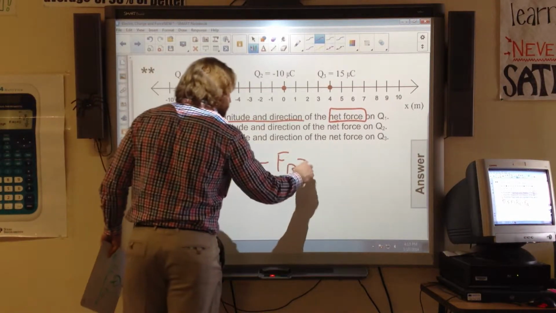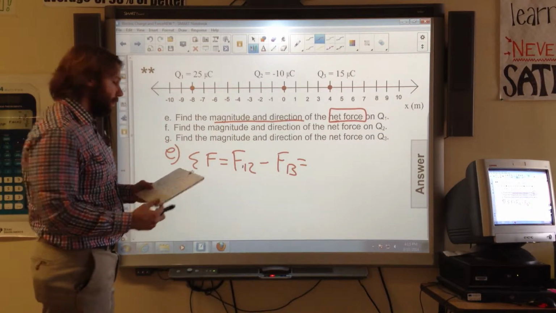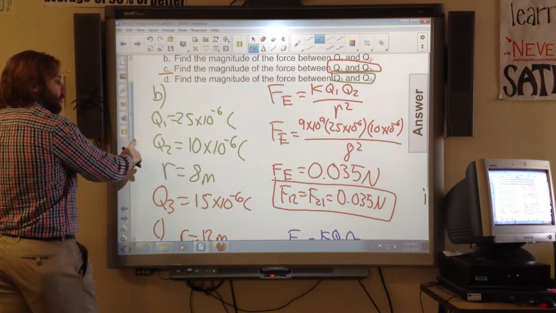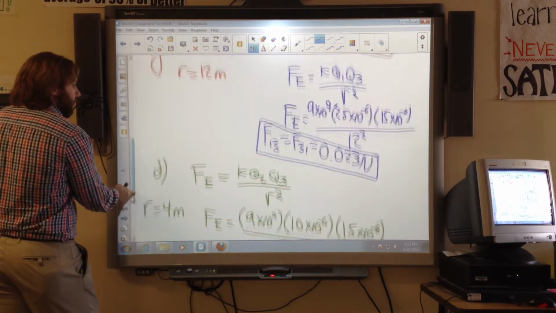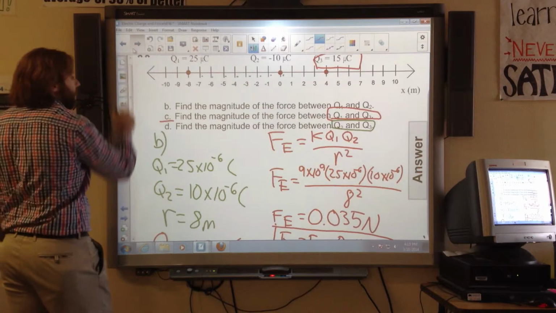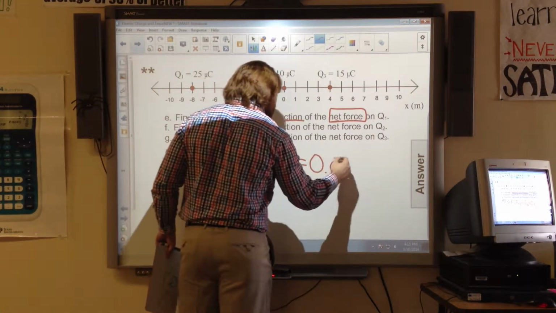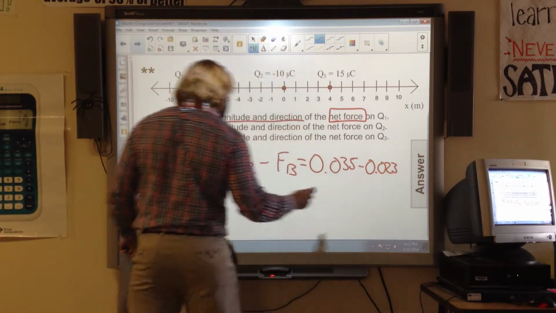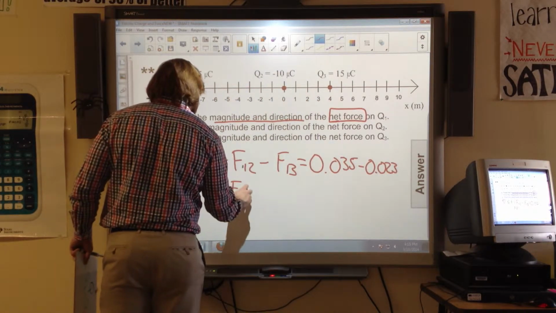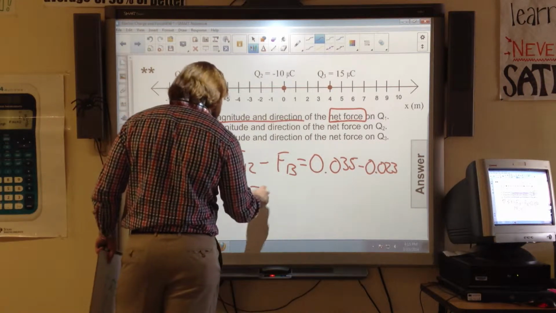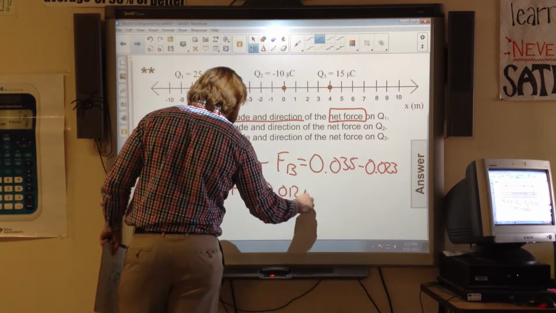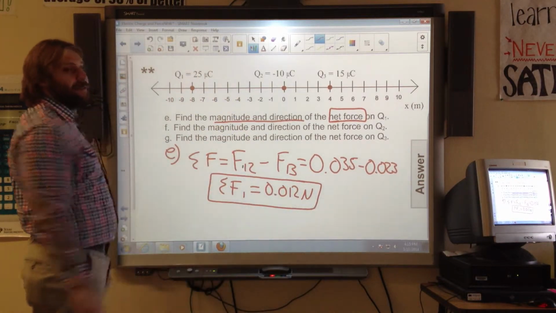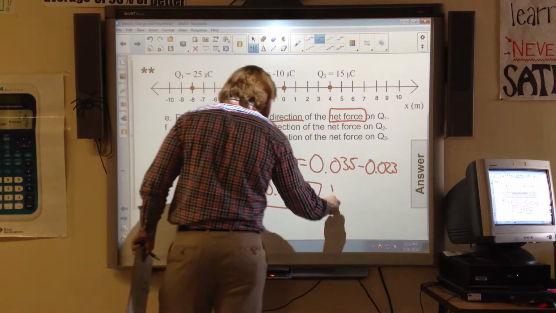That's equal to, going back, F12 is in red, 0.035 minus 0.023. So, our net force on charge 1 is equal to 0.012 newtons. And it's a positive number, meaning it's going to be to the right.